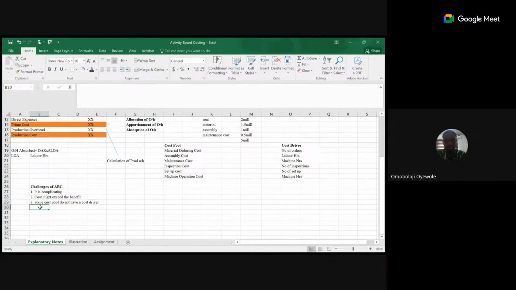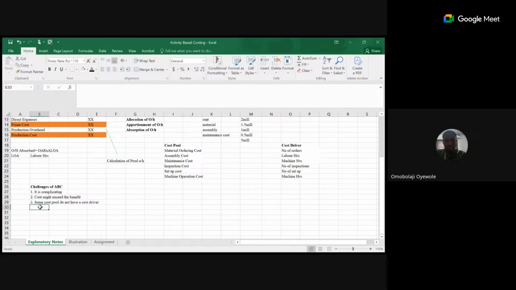Then another thing that makes activity-based costing technique, or a modern costing technique, more reliable is that if you look at it, businesses are expanding, businesses are getting more complex, unlike before, where some businesses just produced a single product. So now businesses are producing more than one product.